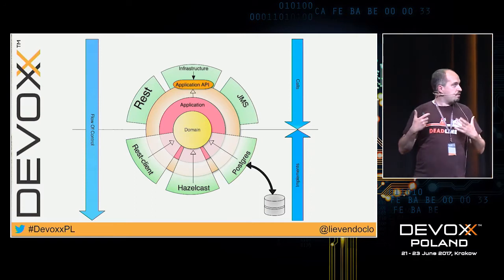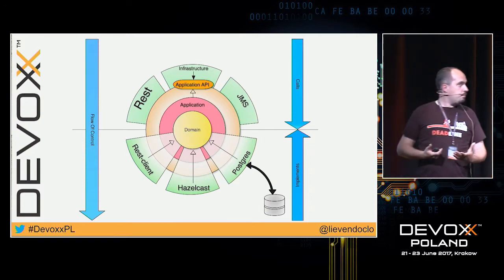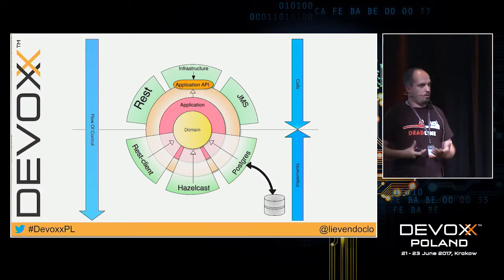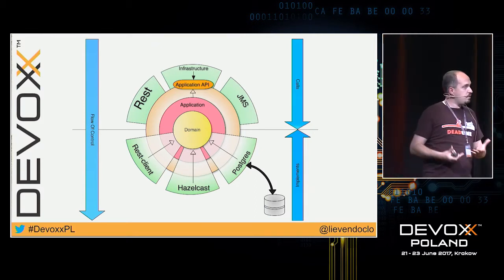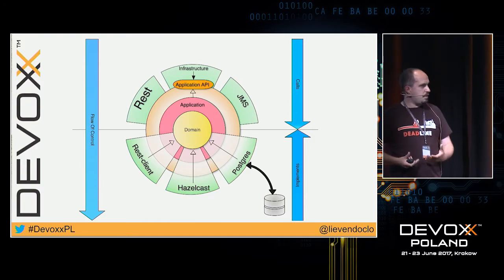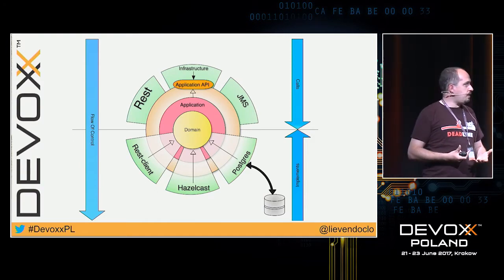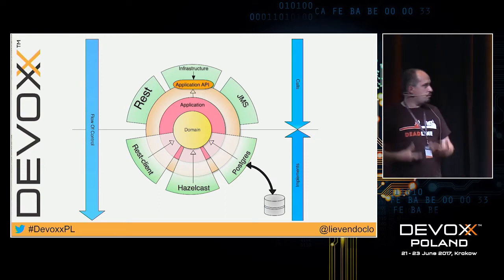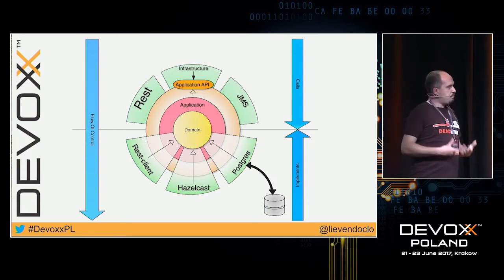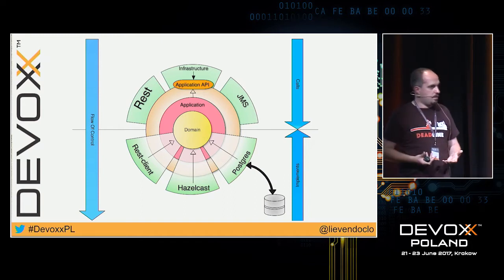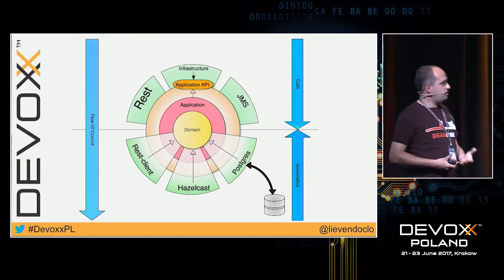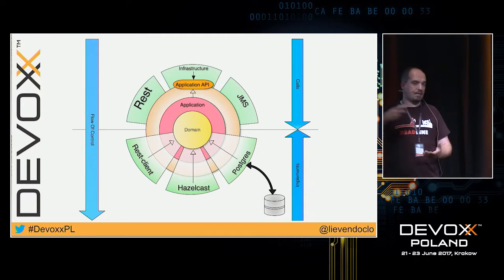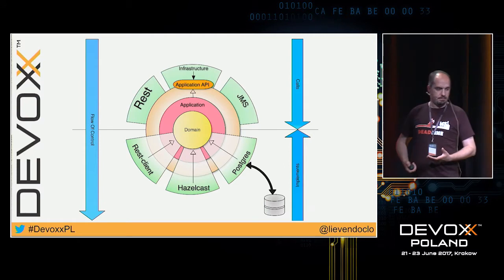If you look at it in a more detailed manner, you have your flow of control. You come in through a REST layer or a JMS, some way to enter your system. Then you go through your application API to your application layer, which contains the use cases, to your domain, and your domain will be persisted by some other infrastructure layer, such as a database, a caching layer, or even going through an external system through a REST client.